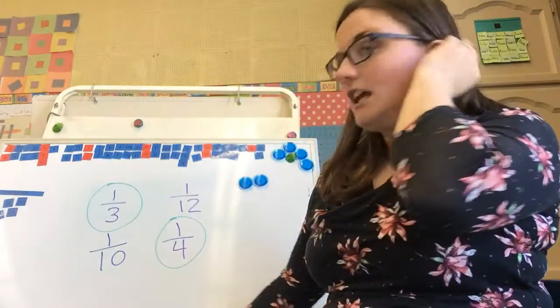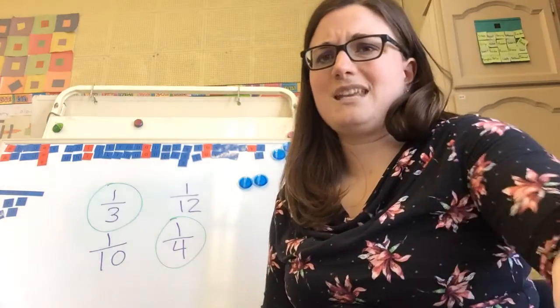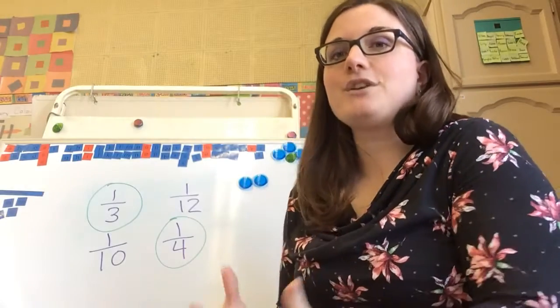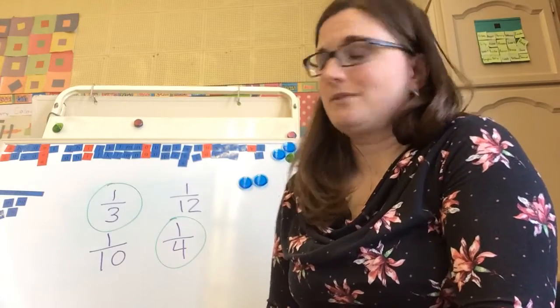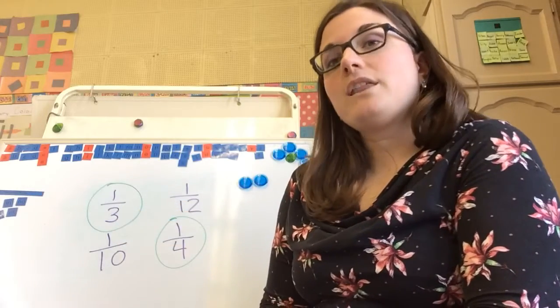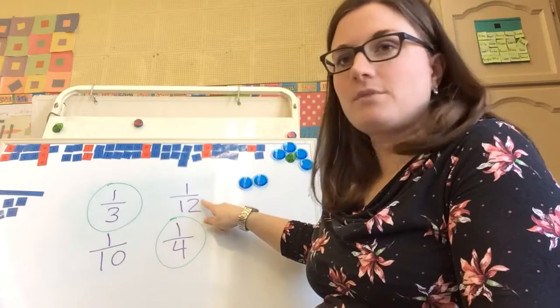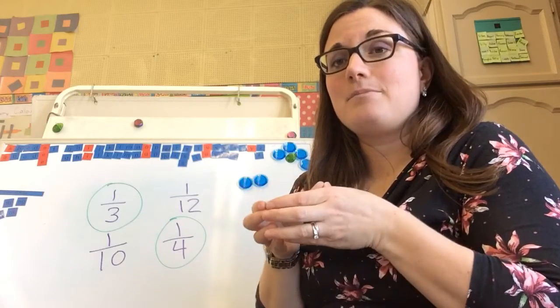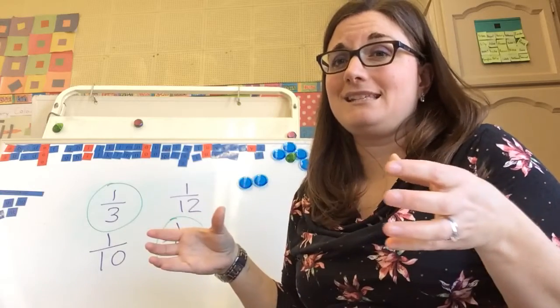Now, normally, when we are in math class and we're talking about numbers, usually a bigger number is greater. For example, 12 is usually bigger than 3. But with fractions, the bottom number, the denominator, is actually telling us that the chocolate bar was broken into pieces.